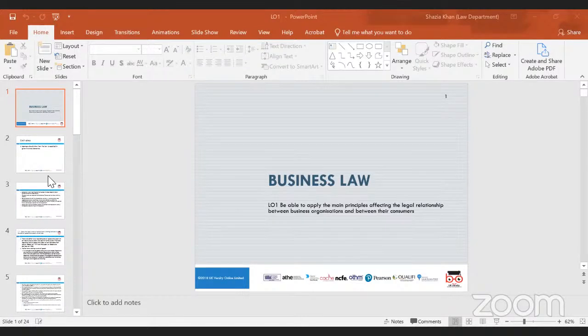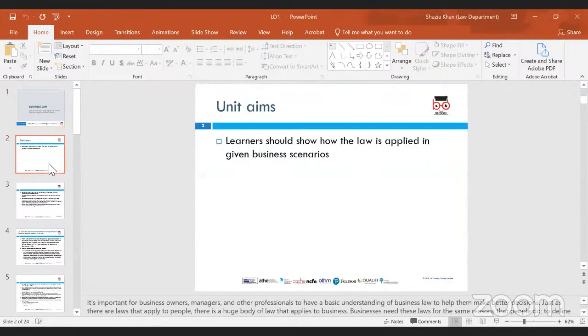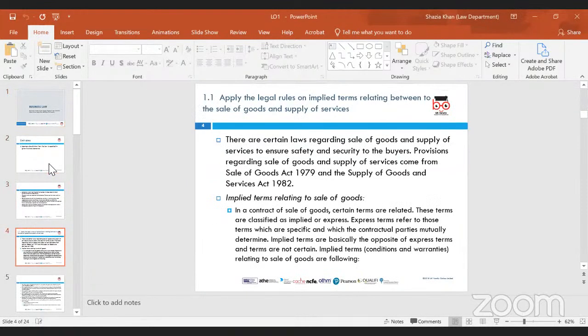Sumit, can you see the slides? Yeah. Okay, so the first bit of the slide is we need to cover 1.1 in the first task. So 1.1 would be here. It says 1.1, apply the legal rules on implied terms. So that is task 1.